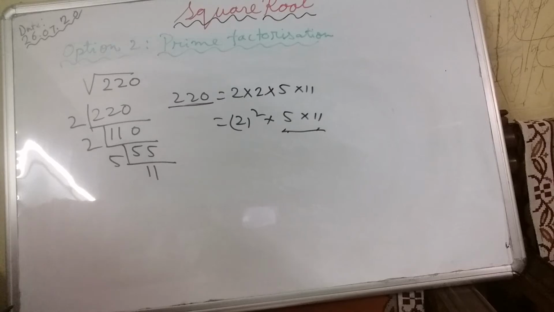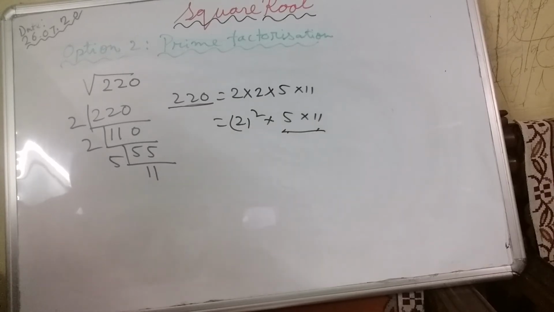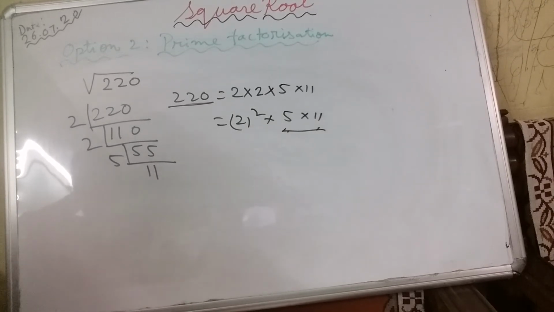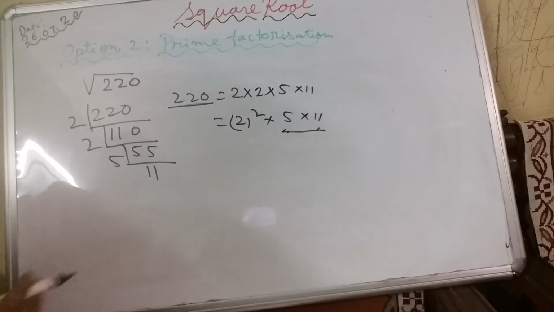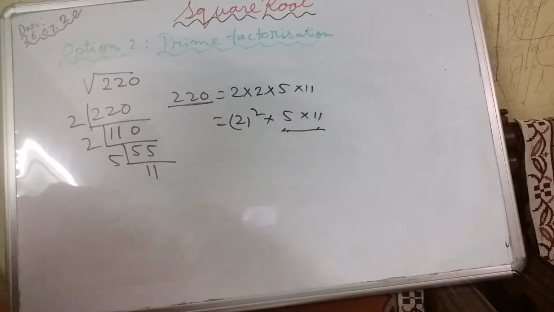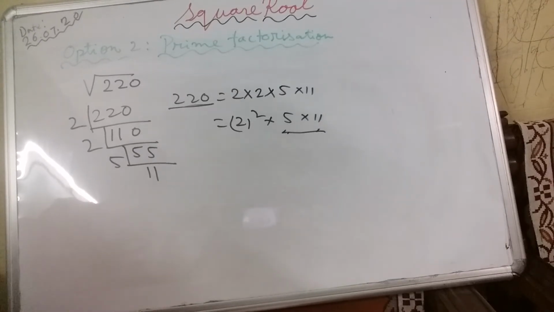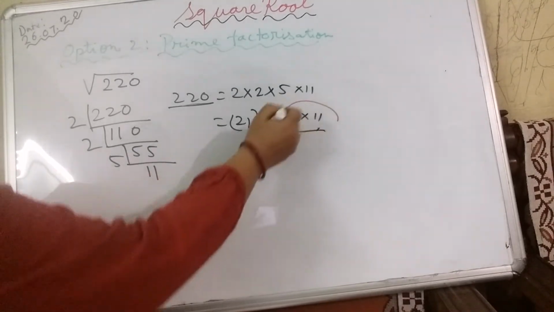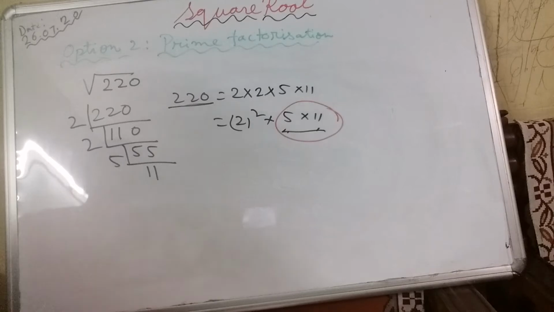Now what is the nearest perfect square number of 220? When will it become a perfect square? If I can remove this 5 and 11. How can I remove this 5 into 11?